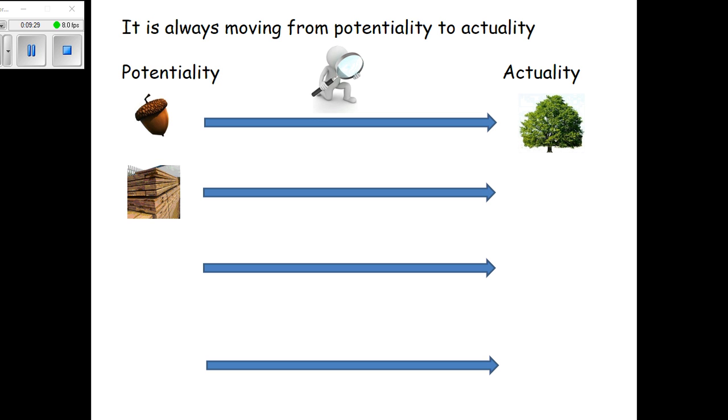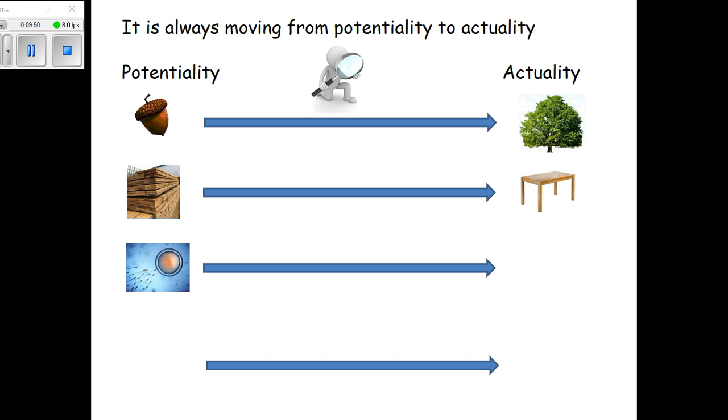Okay, bits of wood, this is a potential table. If you put it together, it becomes an actual table. So moving from potentiality to actuality. This is sperm meeting an egg. This is a potential human being.